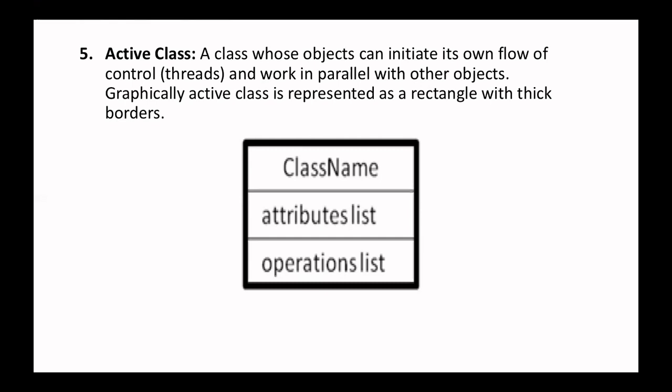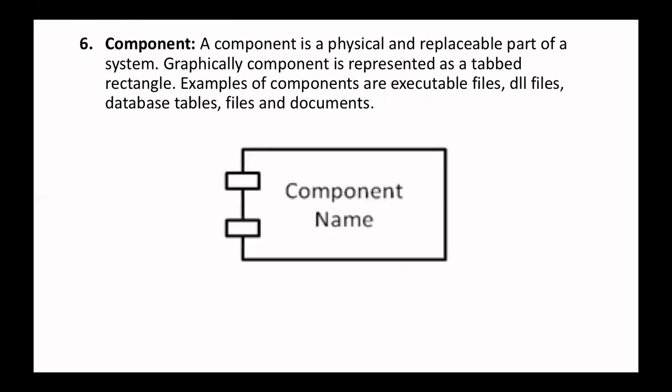Moving to the next, component. A component is a physical and replicable part of a system that conforms to and provides the realization of a set of interfaces in a system.